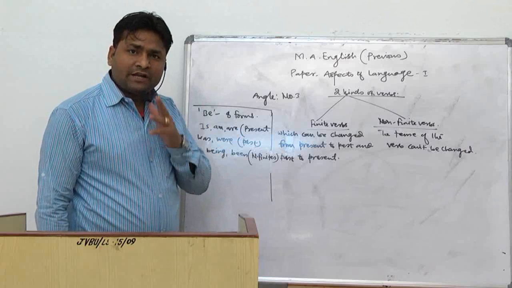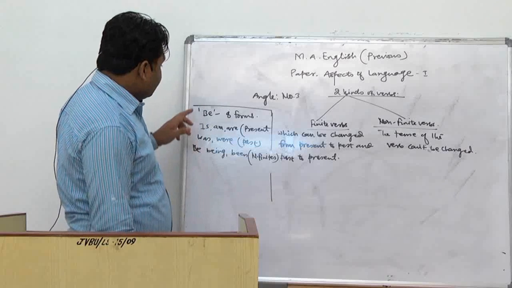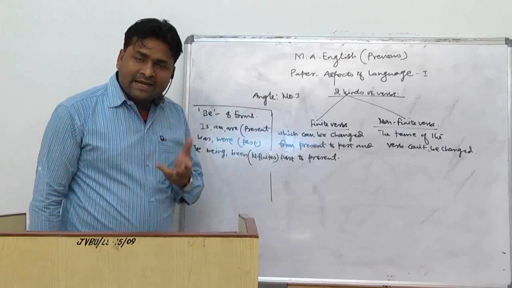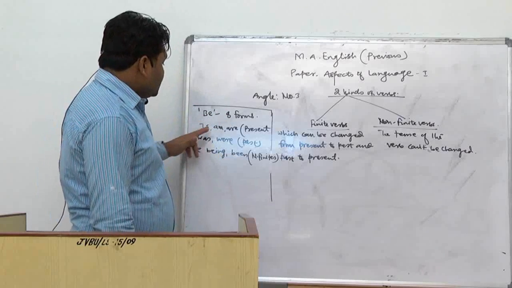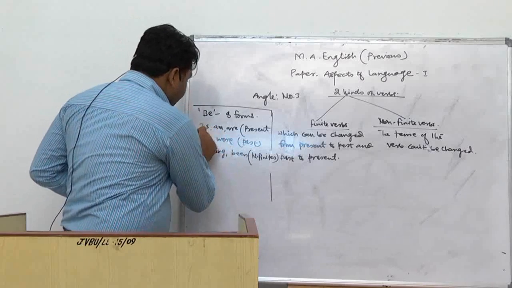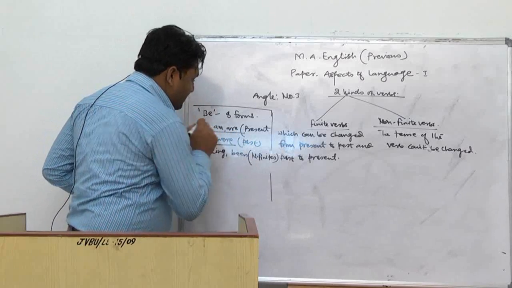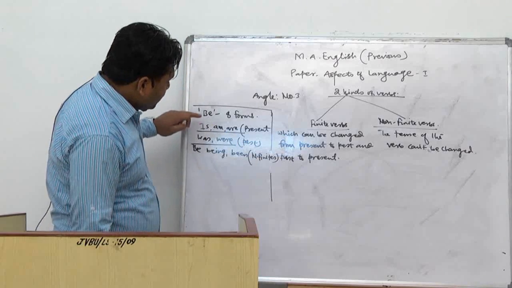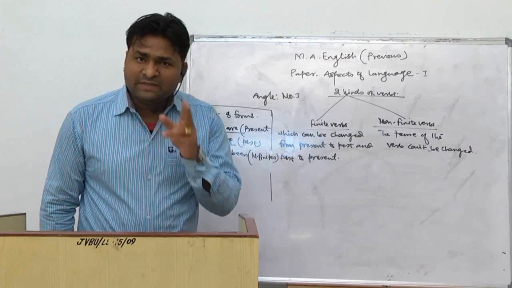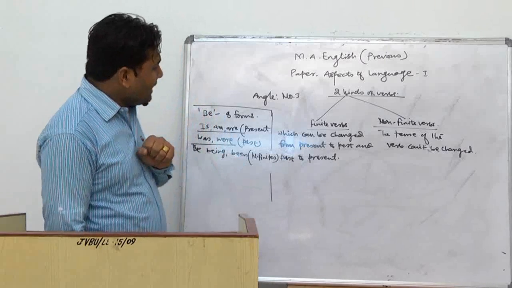The be verb has got 8 forms, and among them is, am, are are present, and was, were are past. Both of them, my dear friends, you will see are finite verbs. Why?